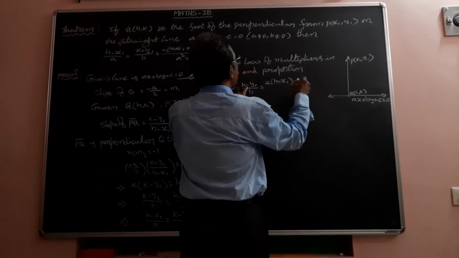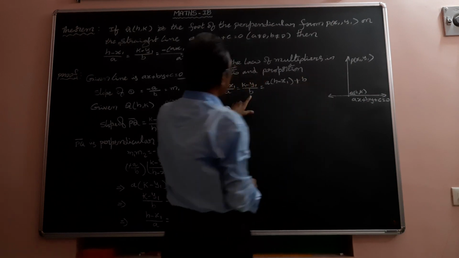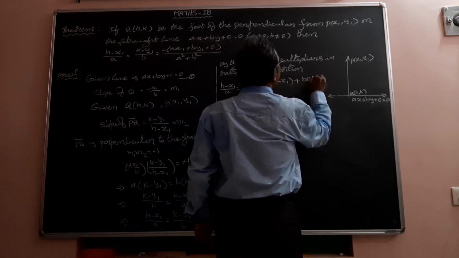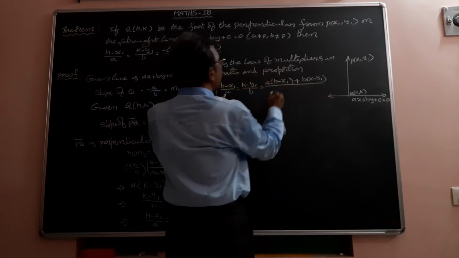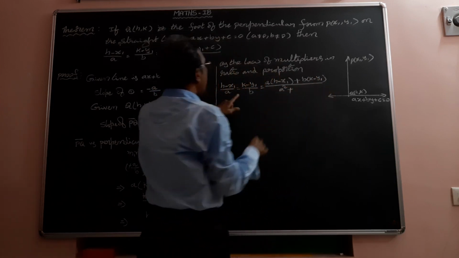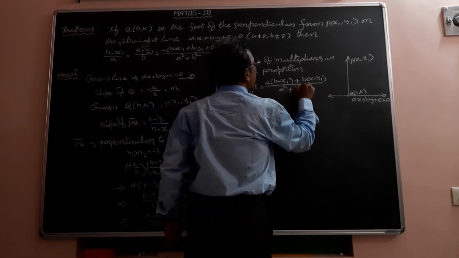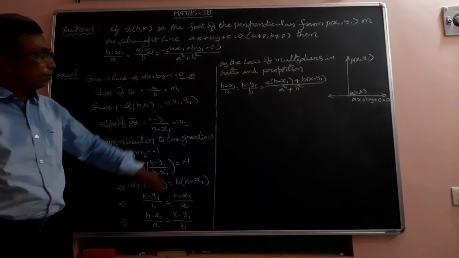Now adding, b into (k minus y1) by b into b, b square, so a into a square plus b into b square. Are you understand?